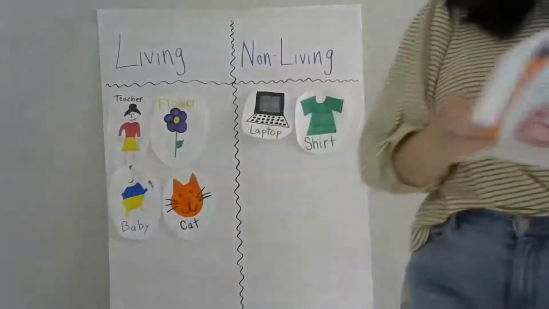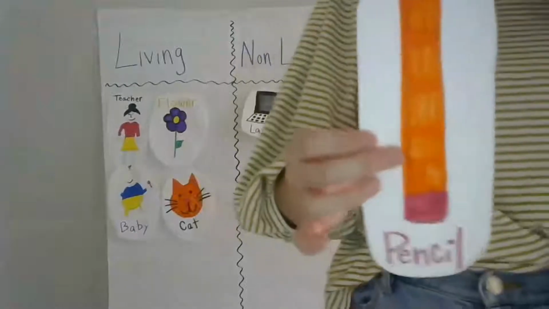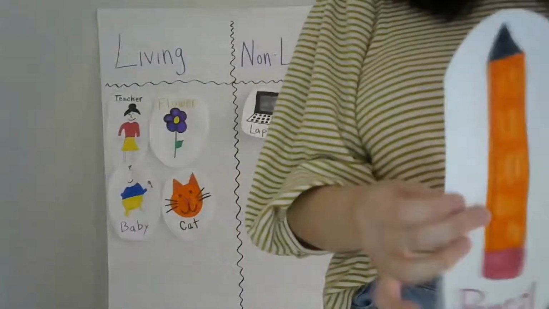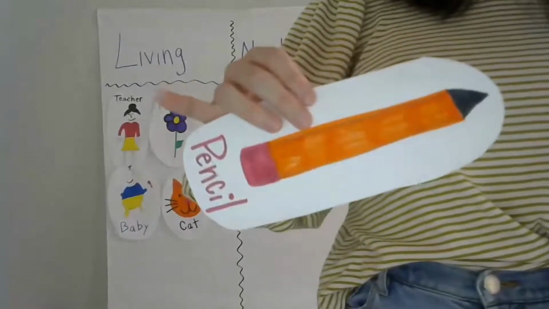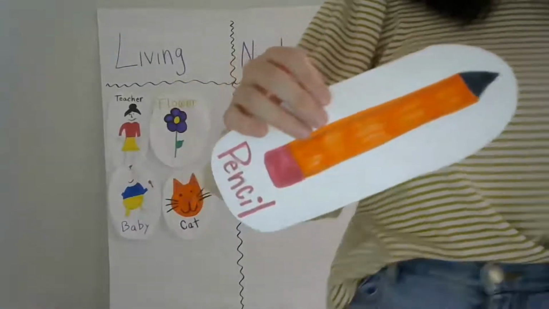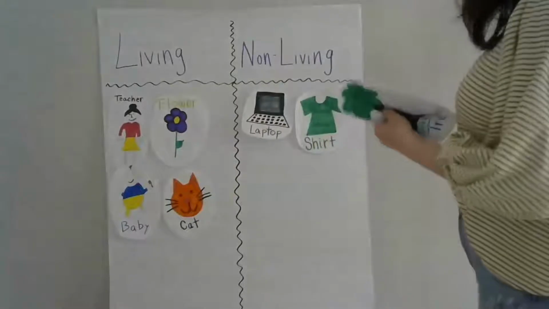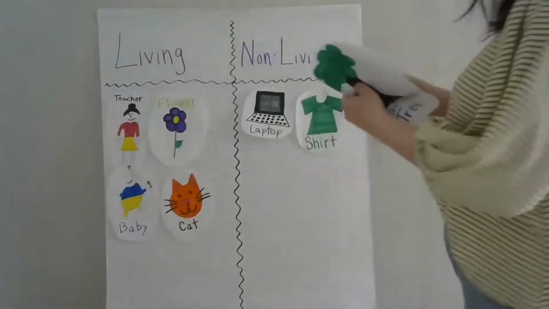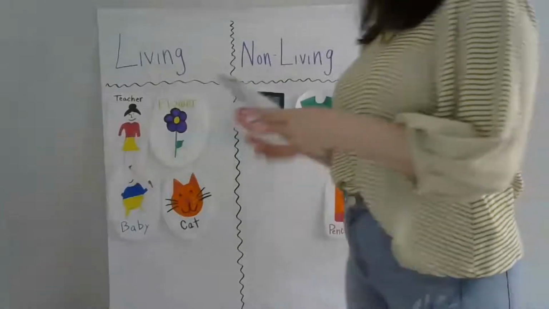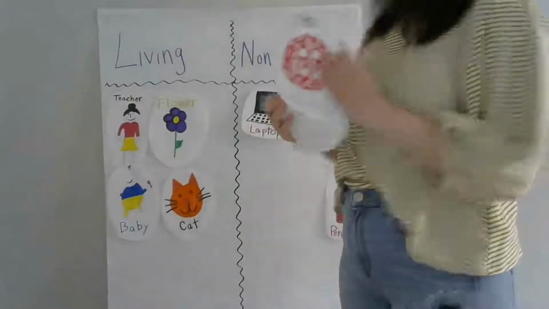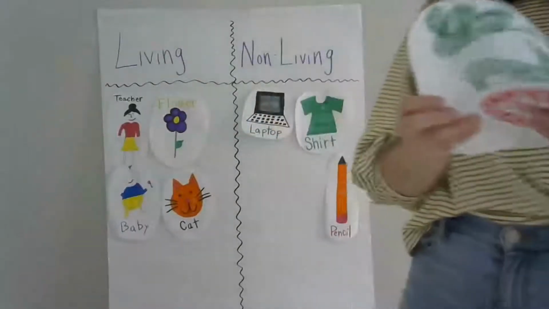Next I have a pencil. You might use a pencil while you're doing your work from home. What do you think? Yeah, pencils are not alive. Now I have 3 more. Let's see if we can figure them out.